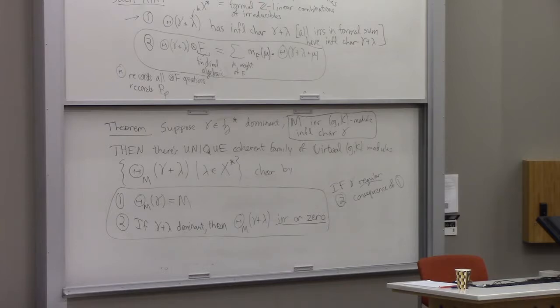So a coherent family is a map which goes from x upper star plus gamma to virtual GK modules.